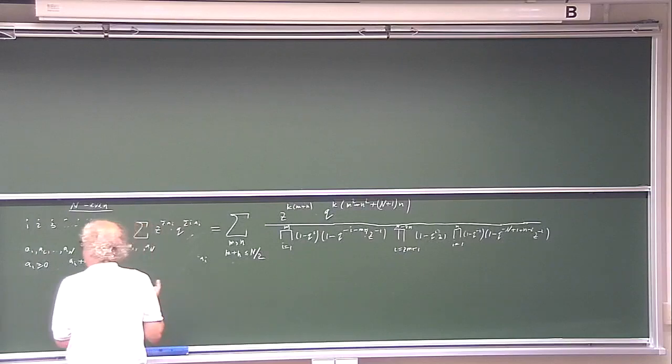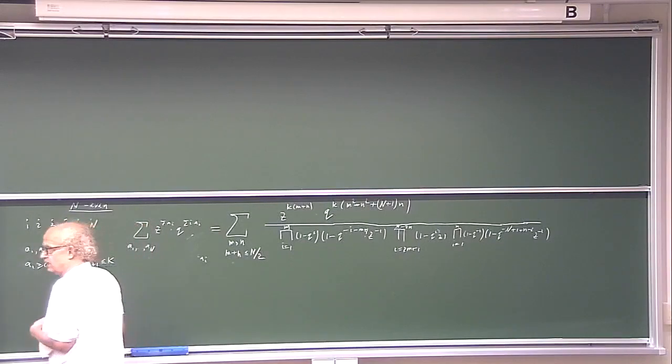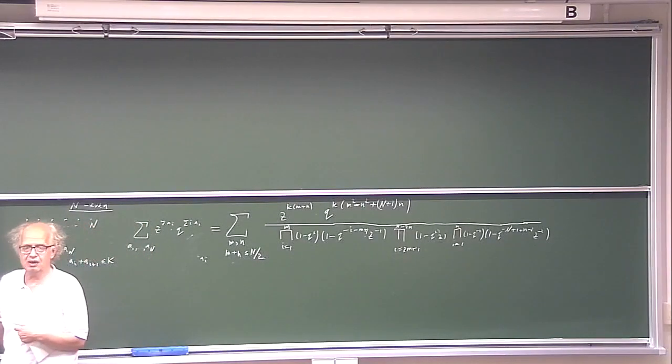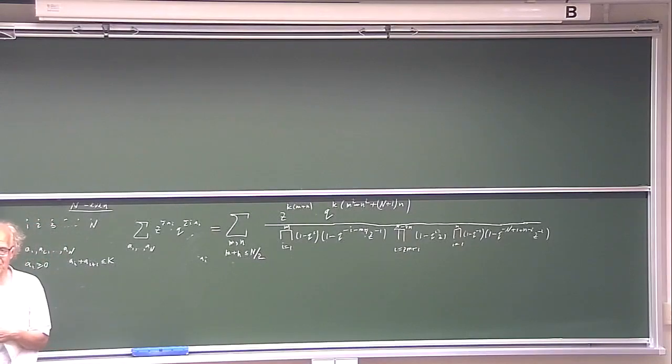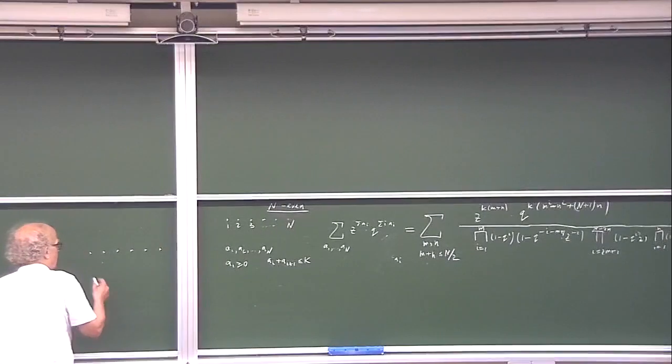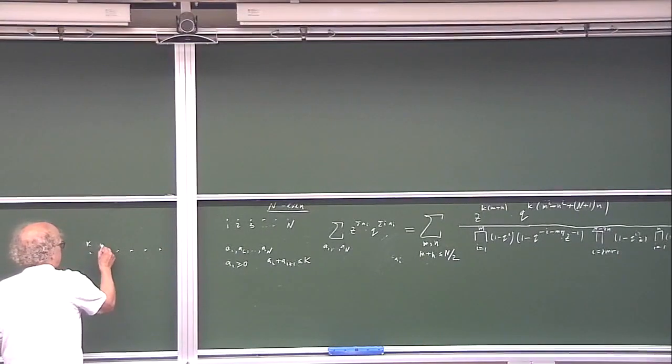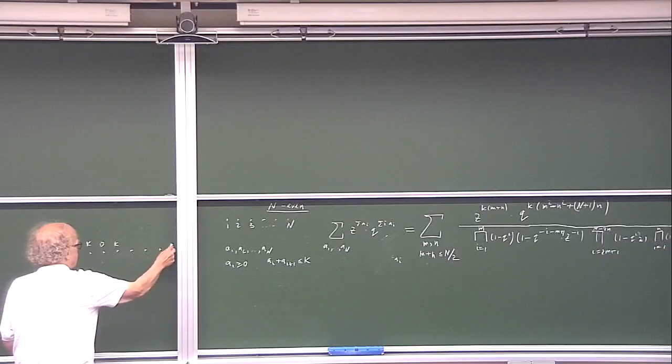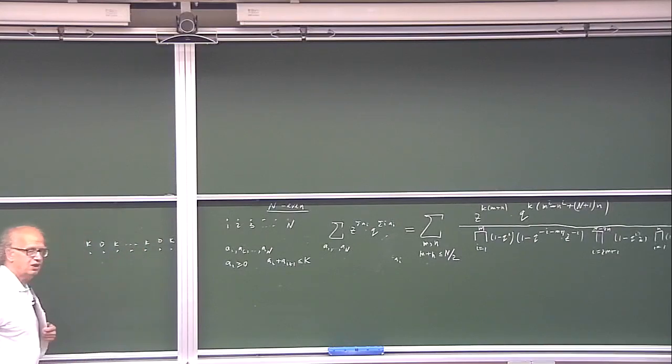And in this case, it is possible to take into account only some distinguished vertices. And such vertices are k0, k from one side, and k0, k from the other side, and many zeros in between.